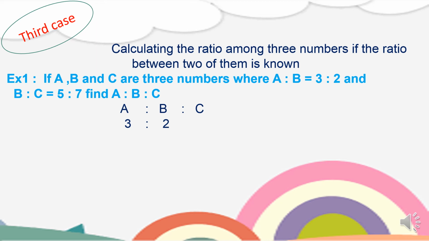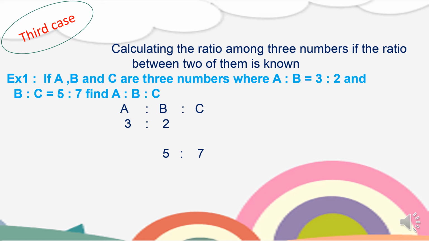And I have a ratio between B and C, so under that, I write the ratio between B and C, 5 to 7.